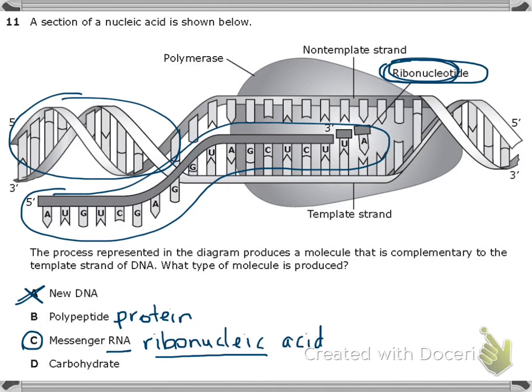I do want to point out that RNA, after it's created, will leave and go off to the ribosomes, where it will use that code that it got from the DNA to create polypeptides, to create proteins.